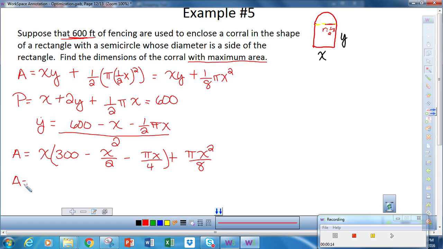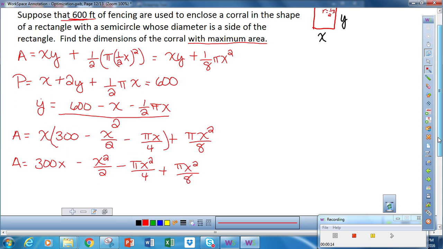I'm going to distribute this x to get 300 x minus x squared over 2 minus pi x squared over 4 plus pi x squared over 8.